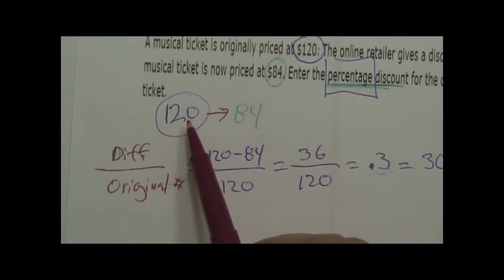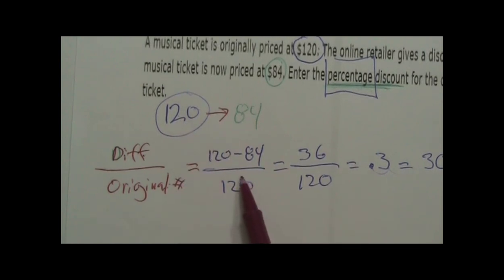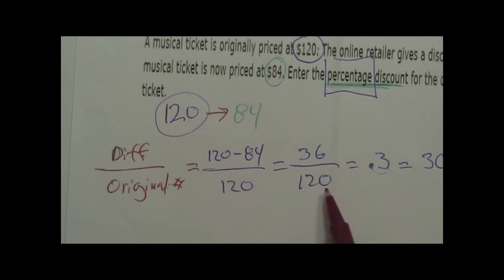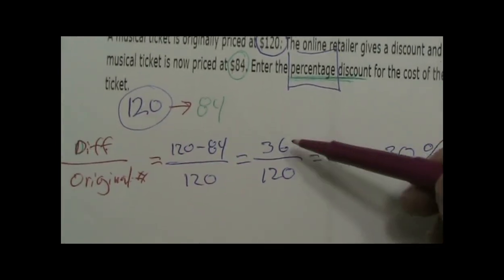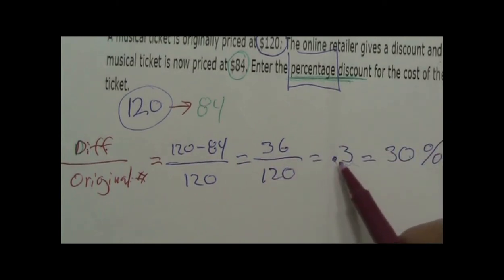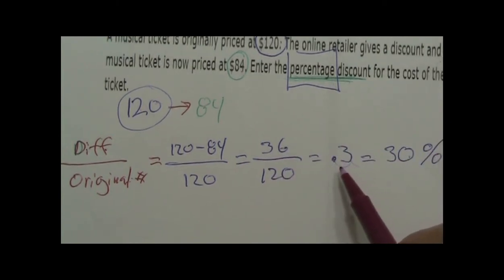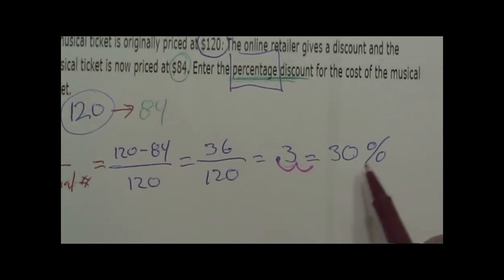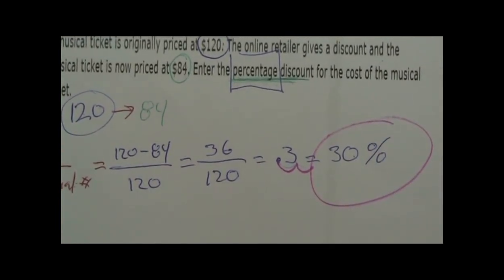And the original, we started with 120, and it went down to 84. So that's 36 divided by 120. The original goes down below. Use a calculator. 36 divided by 120 is 0.3. What percent is 0.3? You move it over two spaces, it's 30%. The answer is 30%. That's how much it decreased.